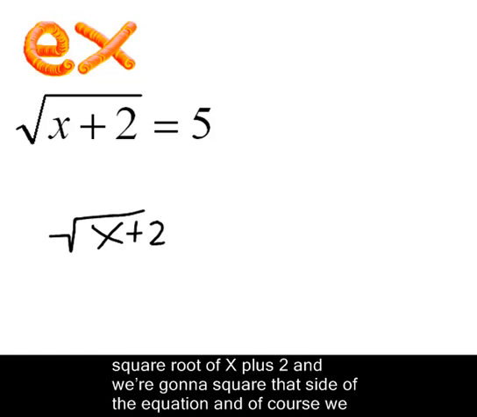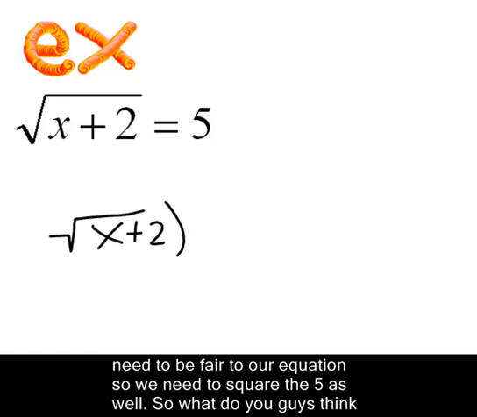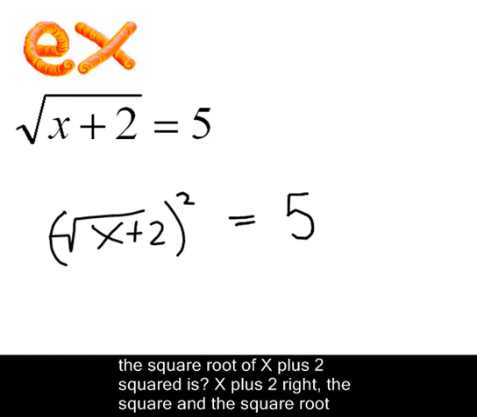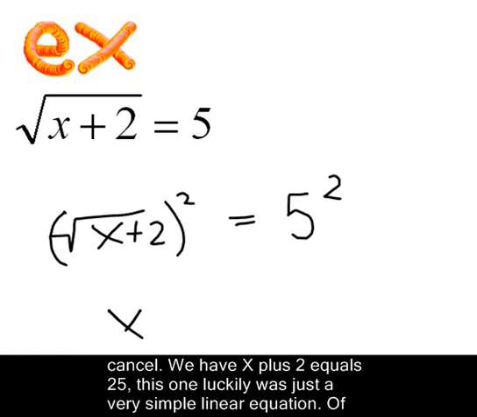And of course, we need to be fair to our equation, so we need to square the 5 as well. So, what do you guys think the square root of x plus 2 squared is? x plus 2, right? The square and the square root cancel. We have x plus 2 equals 25.